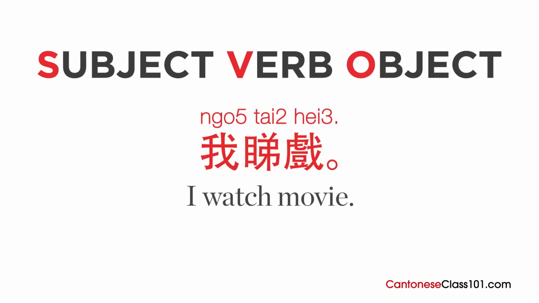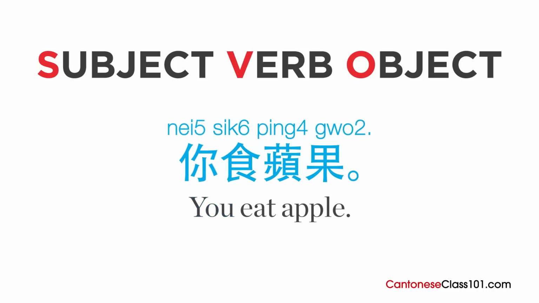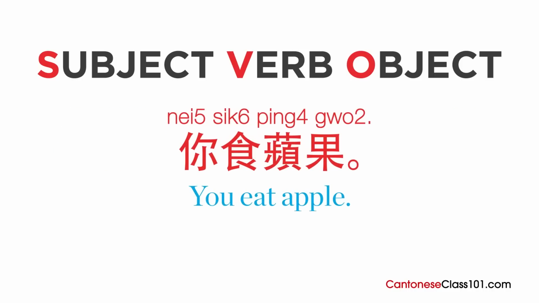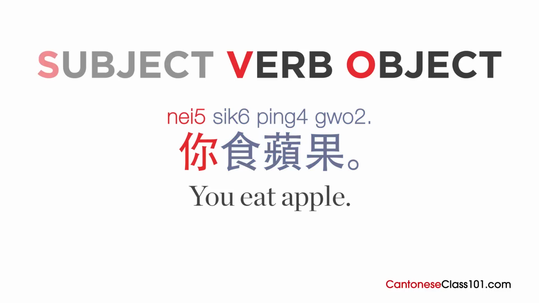Sure. Let's introduce a new subject, 你, meaning you. 你食蘋果. You eat apple. Okay, I recognize the words from the previous sentence. So we simply change the subject that begins the sentence without changing any other parts. Is that right? Yep. Unlike the Romance languages, there is no verb conjugation or gender in the Cantonese language.